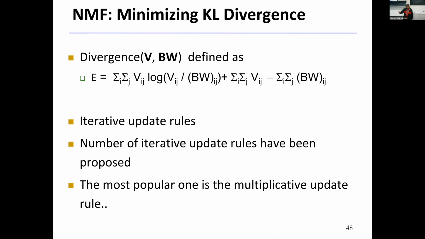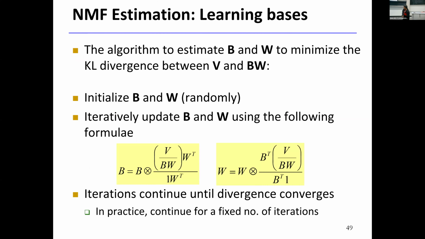I'm not going to derive it, but it ends up looking like this, where I'd initialize my B and W as before, but then every time, this is a component-wise multiply. So I'm going to update my B by multiplying it by this term.